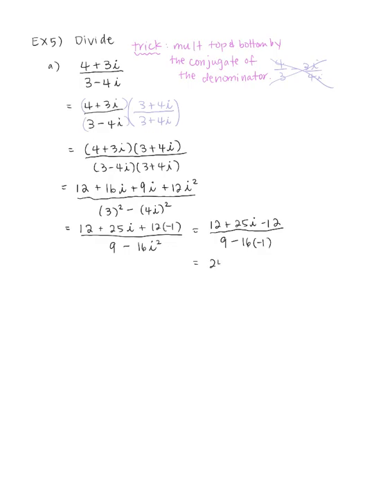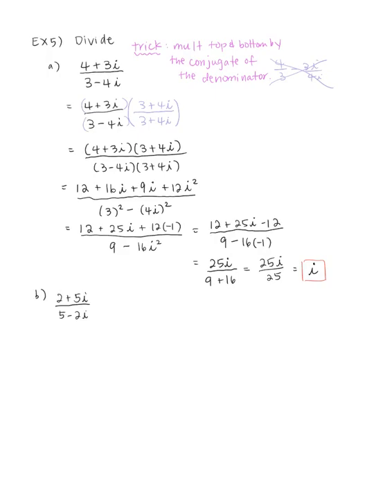So we have 25i divided by 9 plus 16, which gives us 25i divided by 25. So that just becomes 1i, which is just i. All that work to show that when you divide 4 plus 3i over 3 minus 4i, that was nothing but just cute little i in disguise.